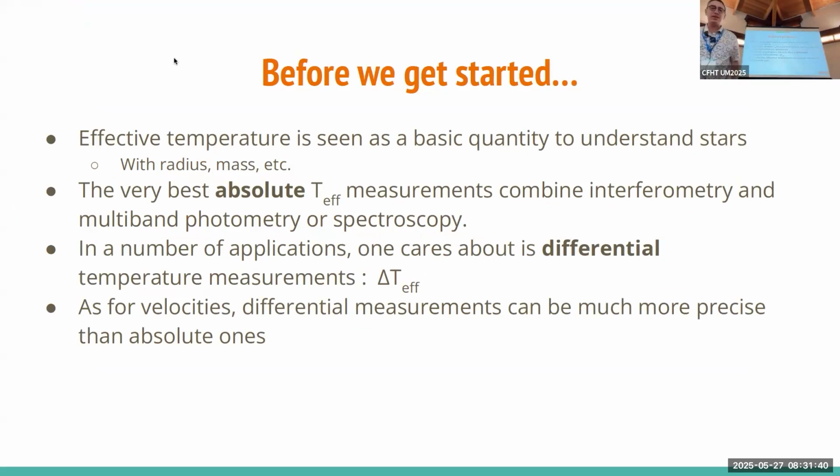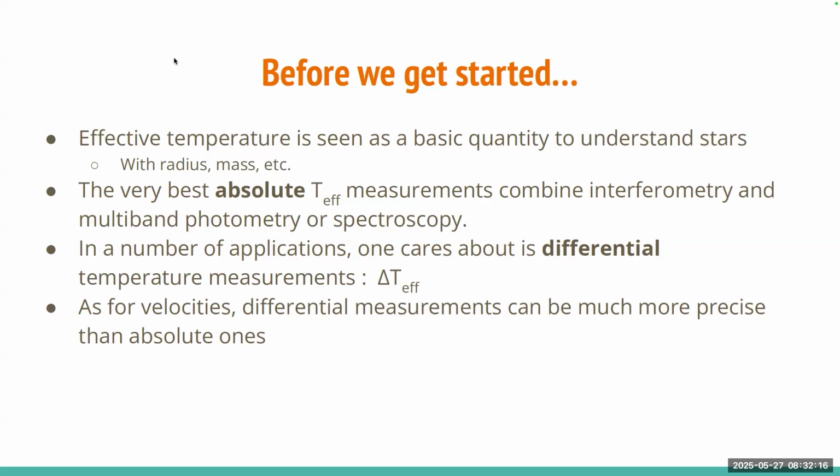We all think of the effective temperature as a bulk property of an object, like its radius, its mass, and so on. And I'll be talking about differential effective temperature. I think it's important to distinguish between an absolute temperature and differences, because, as for velocities, we can get much better differential measurements than absolute measurements.